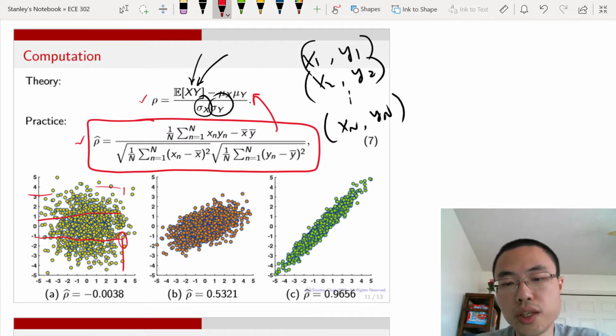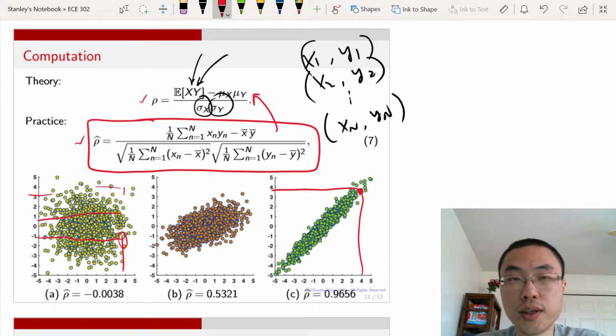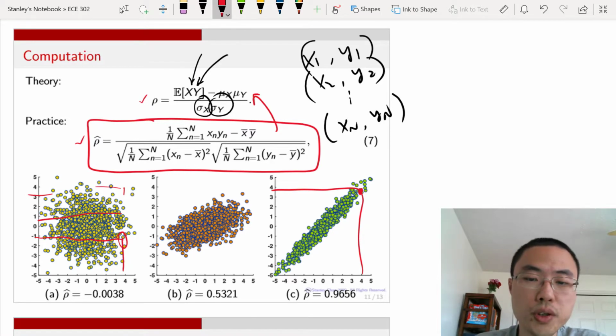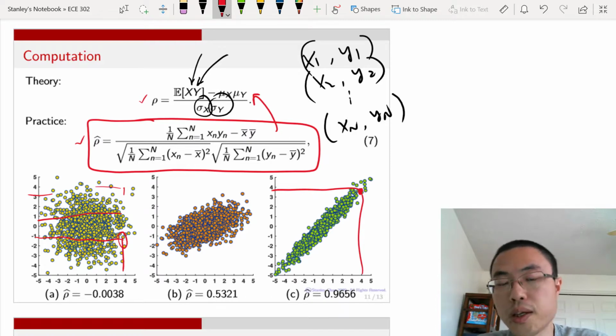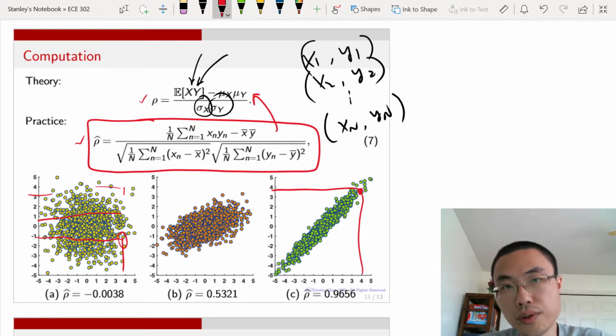At the other extreme, let's say you calculate the correlation coefficient and it is almost close to 1. Then by knowing that one variable is taking a value of 4, you're almost certain that the other random variable will take the value of 4 as well, because they are correlated. So the correlation coefficient tells you how much correlation there is between these two variables.